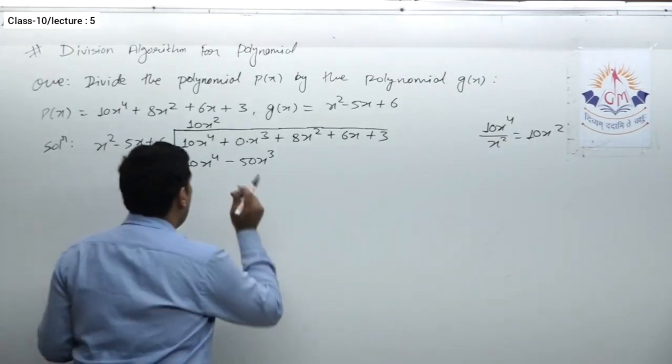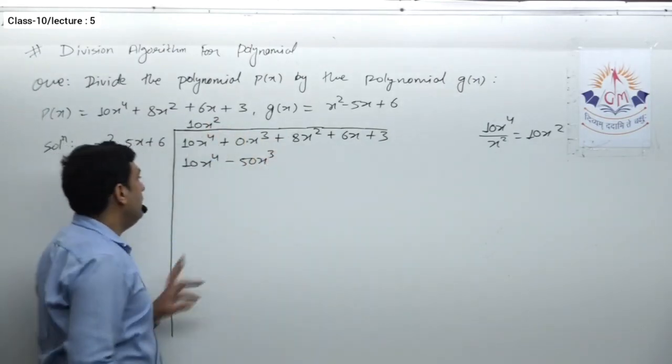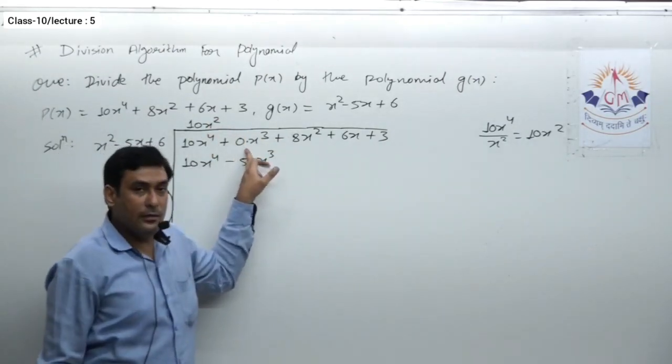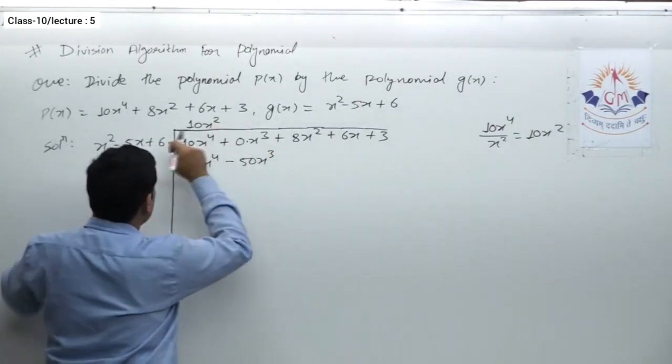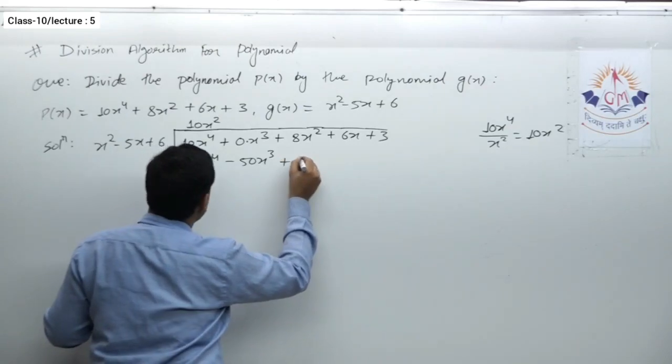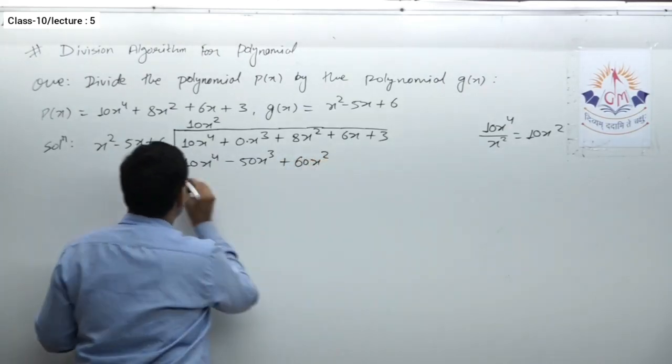So that's why I insist that if you find any term missing in the order, include that term with 0 coefficient. So minus 50x cube. Now 10x square into 6 is 60x square.